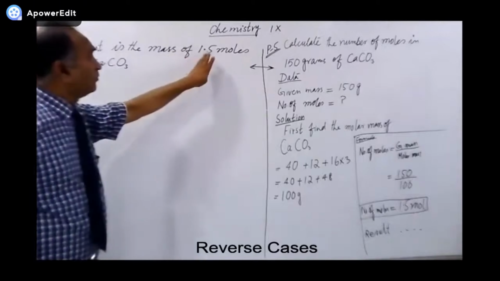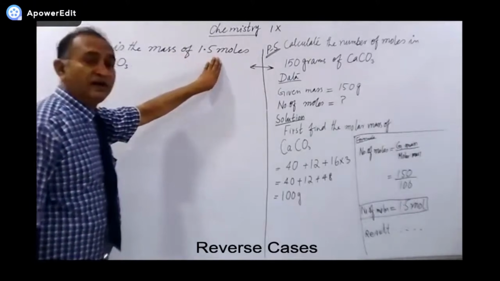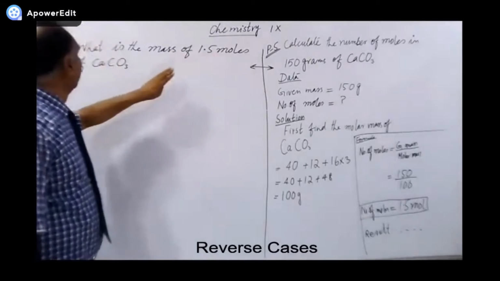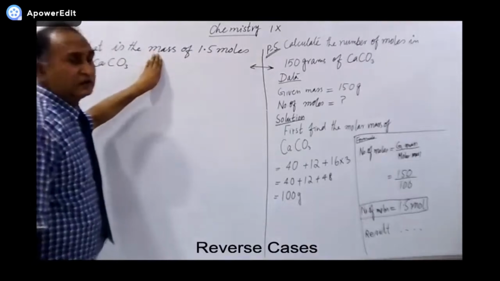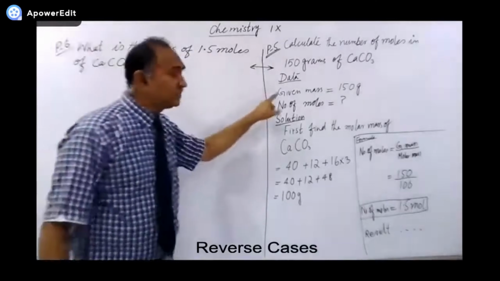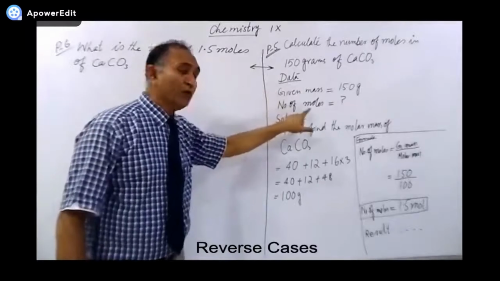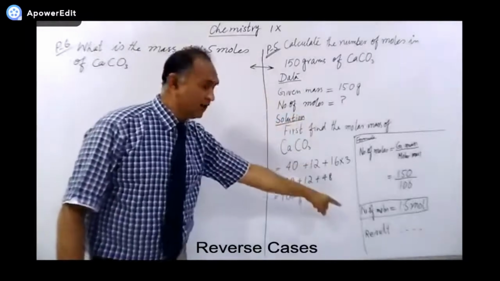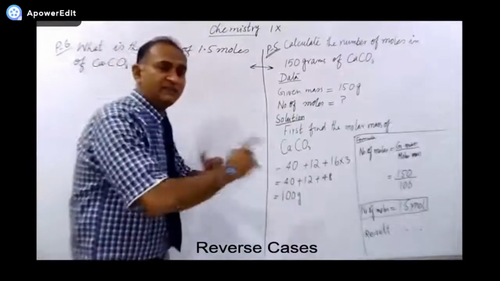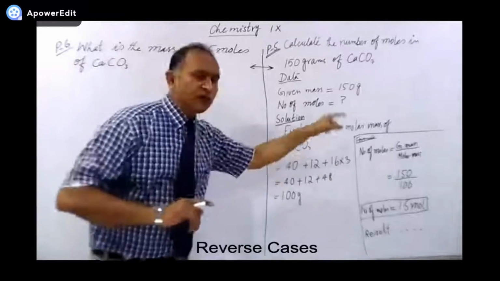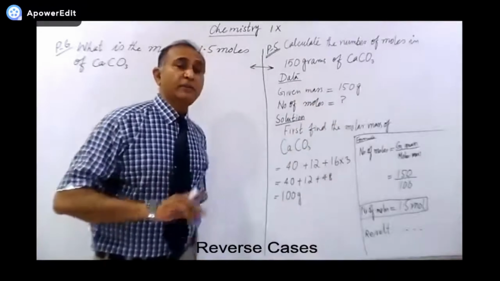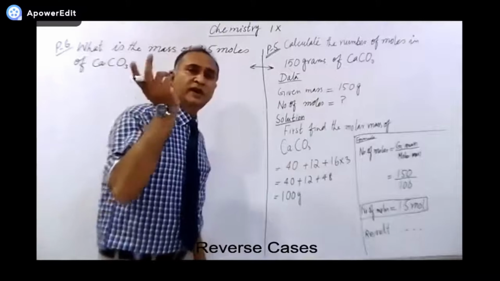So this time mole is given and mass is to be found out. Mass was given, moles we found. So the case is reversed. It means the same formula would be used, but the subject will be different.